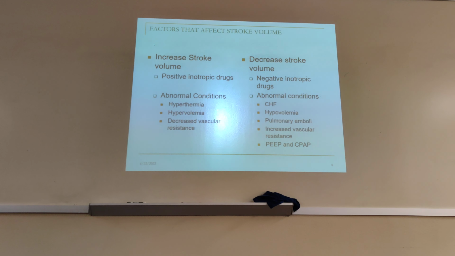Hypervolemia, you have a lot of volume on board. Your heart is strong, it can pump out a lot of blood per beat. Decreased vascular resistance, you don't have as much resistance, like the afterload is low. Okay, you should be able to pump out because you don't have a lot of resistance.